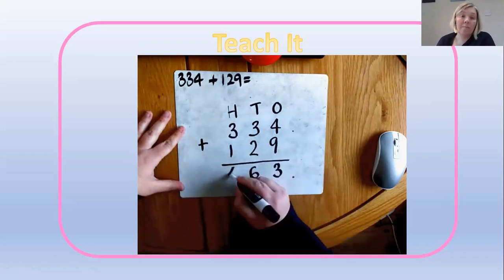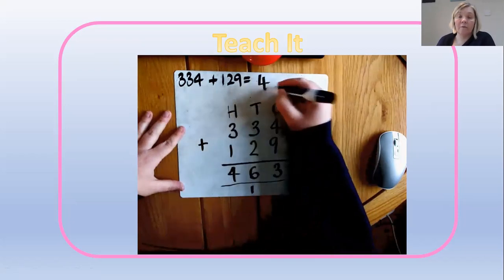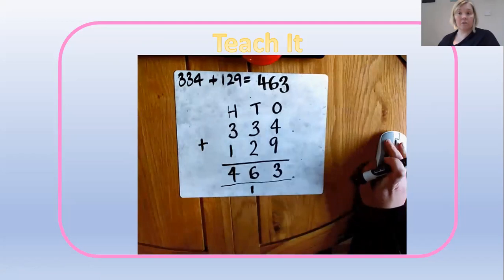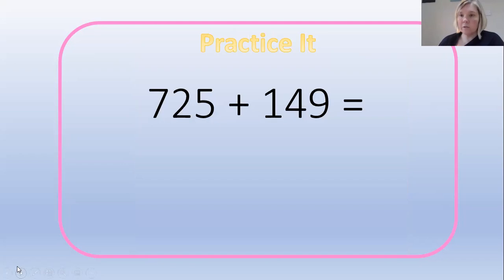And then 3 plus 1 is 4, so 463. So I've shown my understanding of how to do that addition calculation by showing 3 different ways that I can show my understanding. And luckily, we've got the same answer in all 3 different ways.